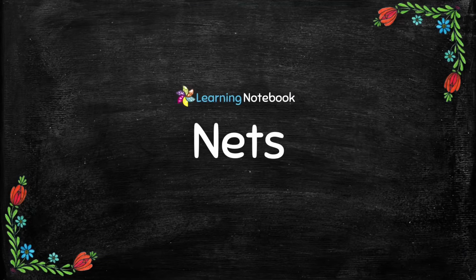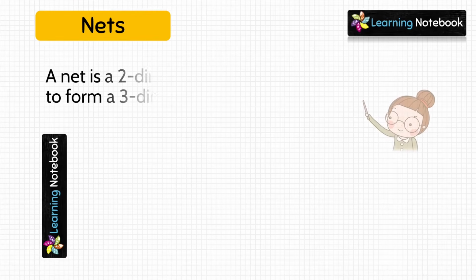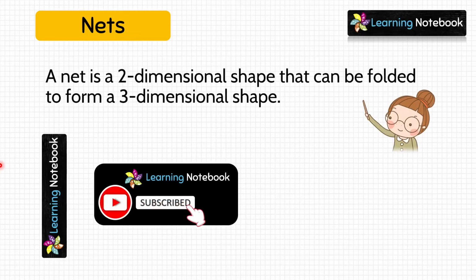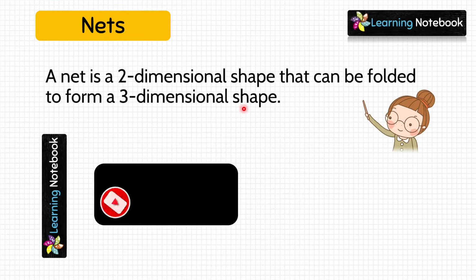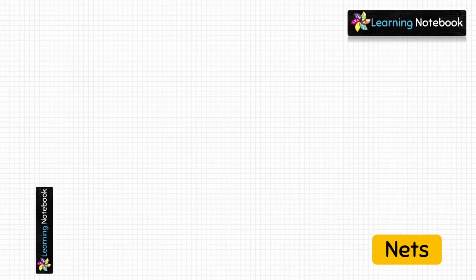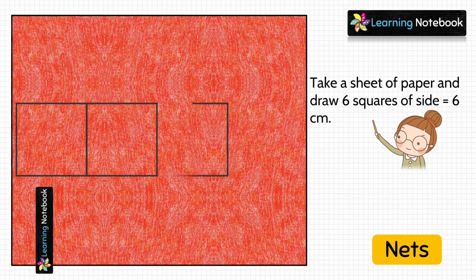Now, our next topic is nets. A net is a two-dimensional shape that can be folded to form a three-dimensional shape. Let's understand this with the help of an example. Take a sheet of paper and draw 6 squares of side equal to 6 cm as shown here.